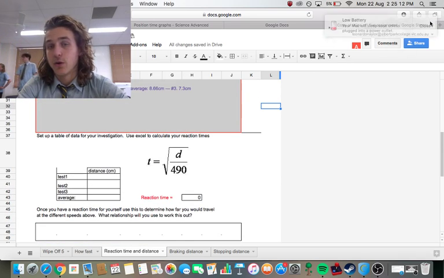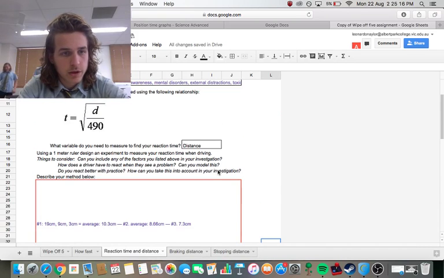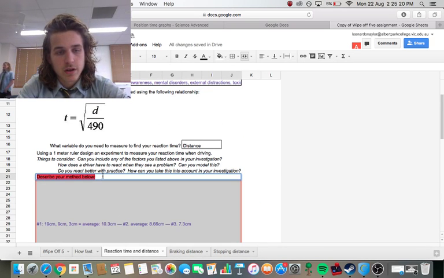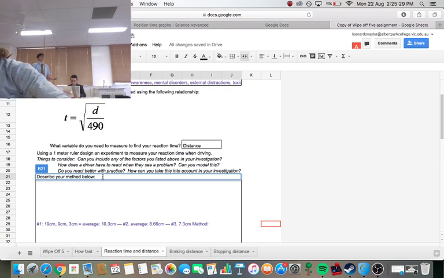Describe your method. Go write the method. It doesn't even let you enter. Where can we write that? I just copy-pasted it under it. Okay, I'll write. Do you want me to write the method? Oh, I can't even write. Oh, there we go. You can write the method. Okay.